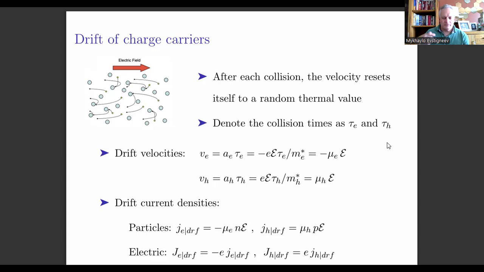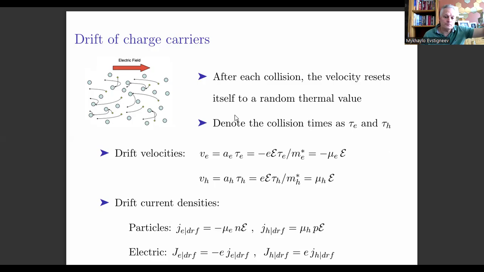And then a new acceleration phase begins. The charge carrier gets accelerated, and then boom, collision, velocity is reset to zero. So this is how this drift process happens.